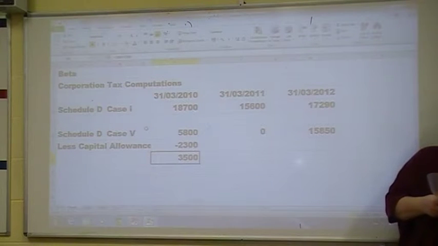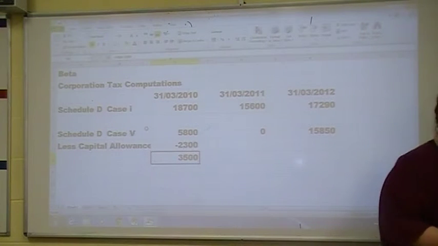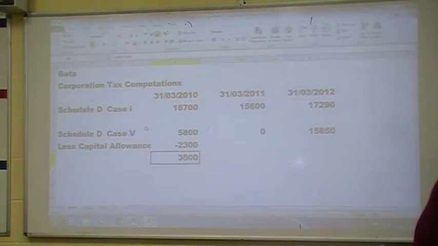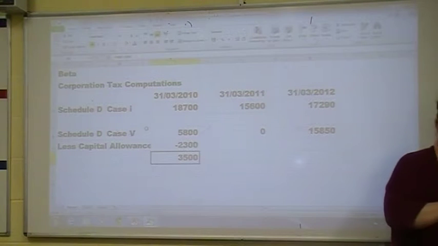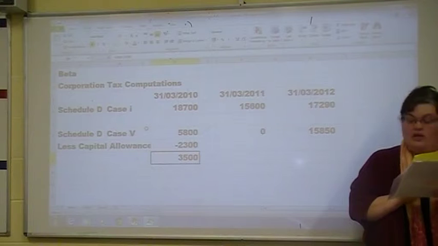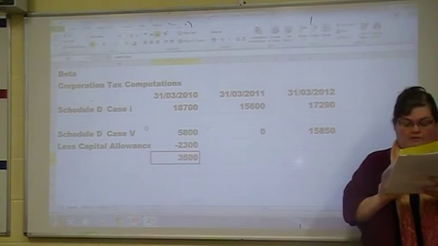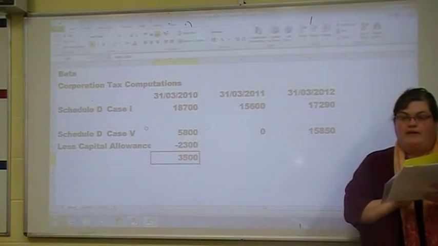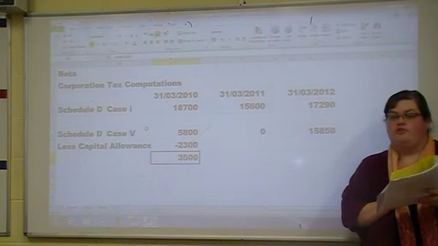Our next year, March 2011, we've got a case 5 loss of 10,400, and case 5 capital allowances of 24,730.